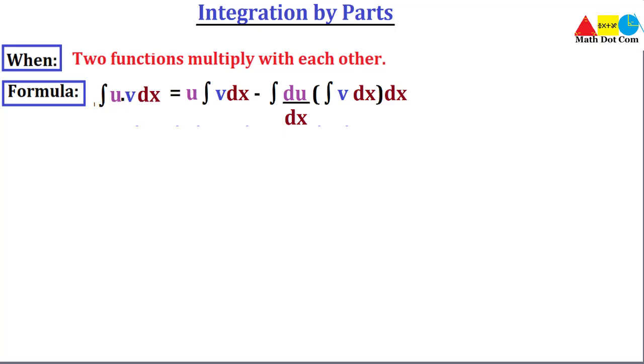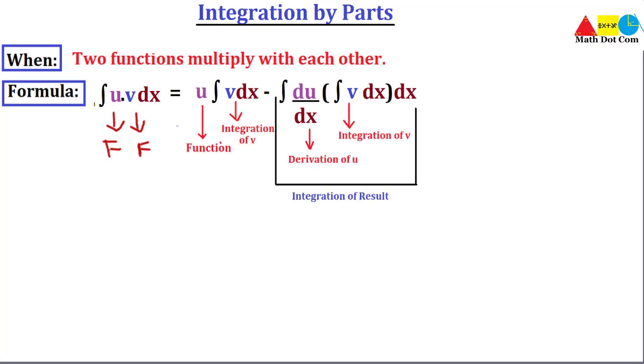Here we have the formula where u represents one function and v represents another function. So it means we have two functions that are multiplying with each other. When you come across such a situation, you have to apply the formula on the right hand side. Let's see what this formula says. First of all, we have u, that is the first function. We have to write it as it is.